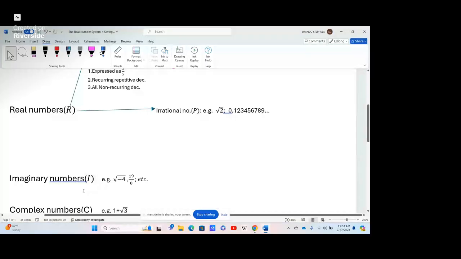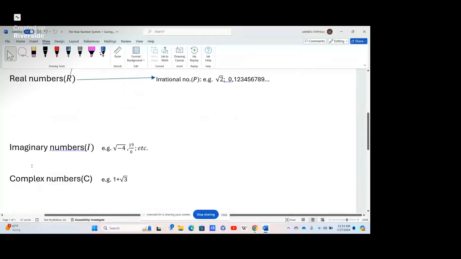Examples include the square root of negative 4 or anything that is divided by 0. Those are your imaginary numbers. They do not exist. Then we have complex numbers, which are a combination of two numbers that cannot be further simplified. That is, complex numbers consist of more than one term, such as the example I've given here, which is 1 plus the square root of 3. This is your complex number.